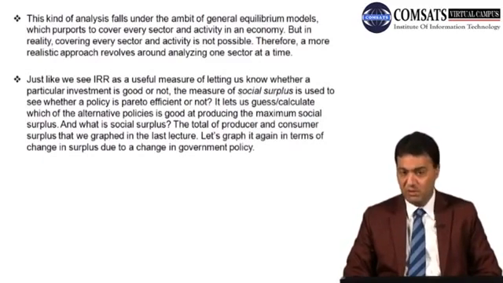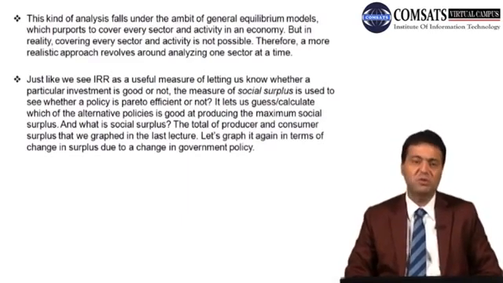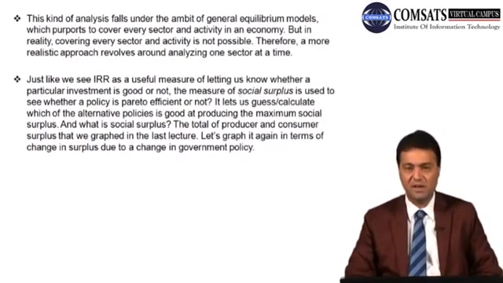This is a general equilibrium type of model, the Pareto optimal model, but the general equilibrium model tends to figure in all that information from every sector, which is almost impossible. So the more practical way to go about this is to look at one sector at a time and then maybe come up with an aggregation.